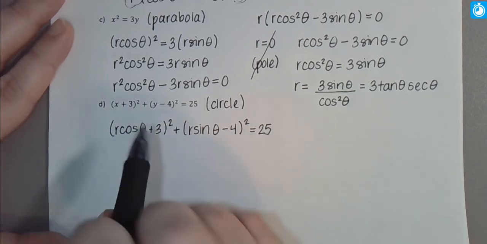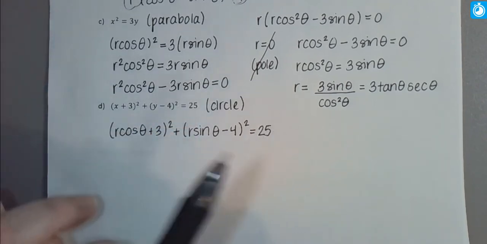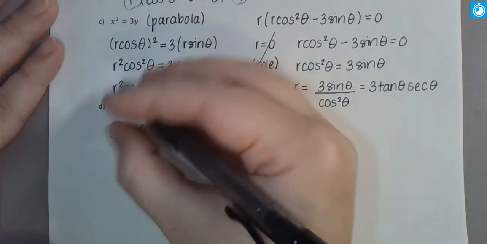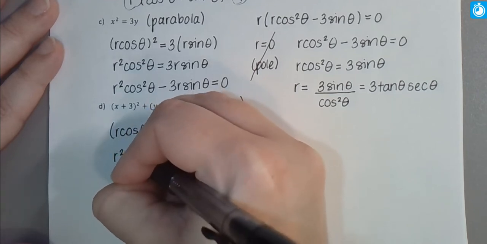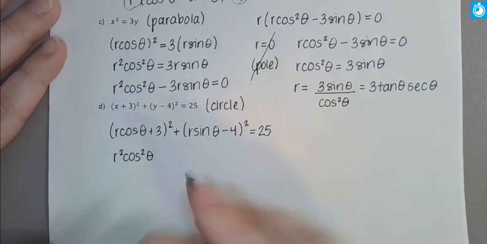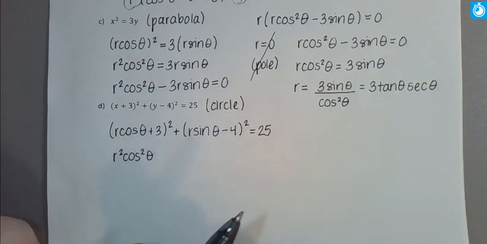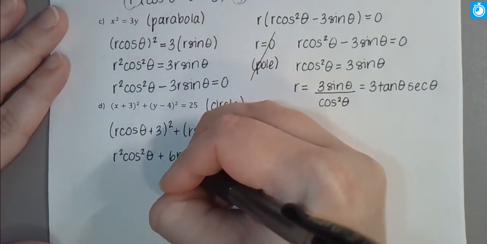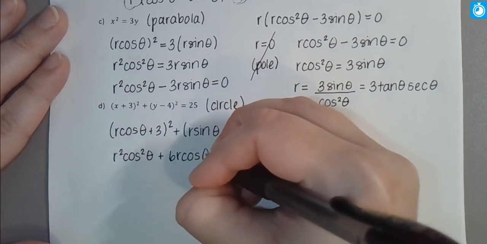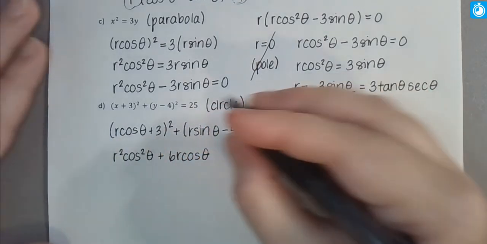That's going to be helpful. So our first pair would be r squared cosine squared theta. Our outer and inner would both be 3r cosine theta, so we would have 6 in total, 6r cosine theta. And then 3 squared is going to be 9.